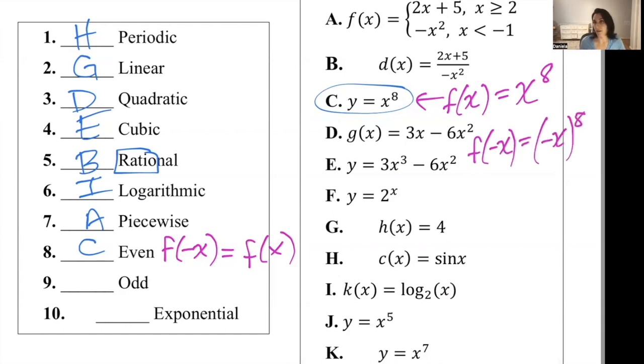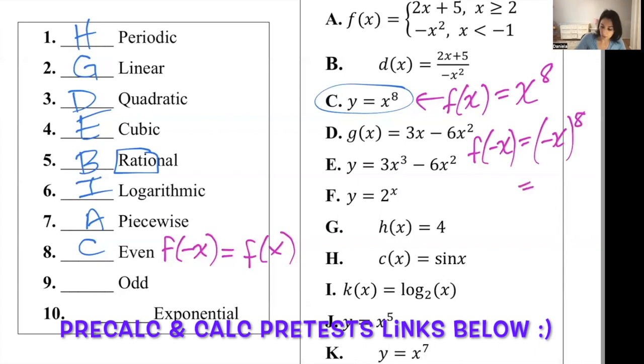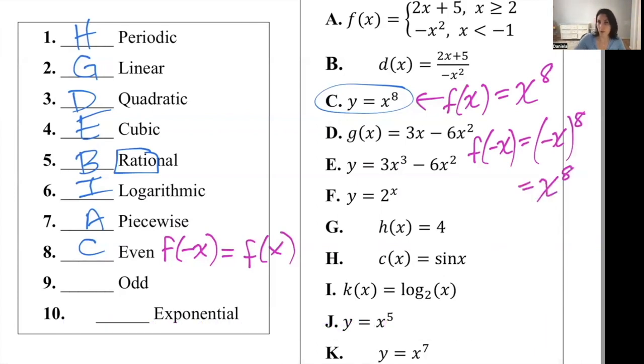So either that means negative x times itself 8 times, or if you happen to know the shortcut, whenever you have something raised to an even power, it's always positive. Anything raised to an odd power, it's always negative, right? So that way we do get the original function. So negative x times itself 8 times, or you recognize it's to the even power, that does simplify to x to the 8th, which is the original function, right? So that's why it's even.